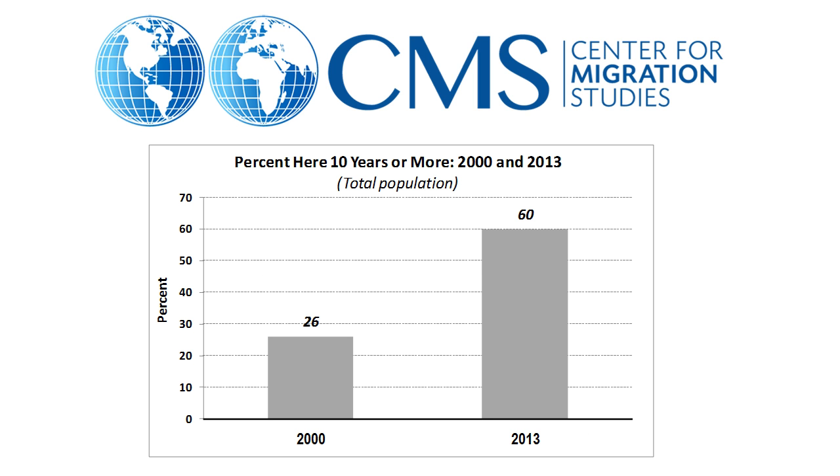As further evidence of a long-term stable population, the length of U.S. unauthorized residence has increased dramatically over those 13 years, from 26% who were here 10 years or more in the year 2000 to 60% who were here 10 years or more in 2013.